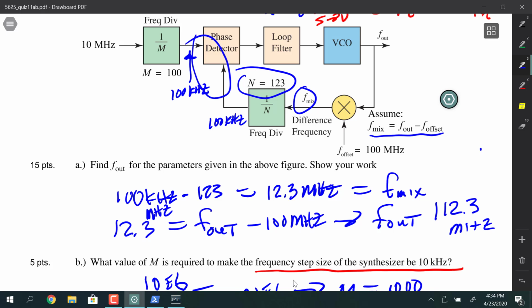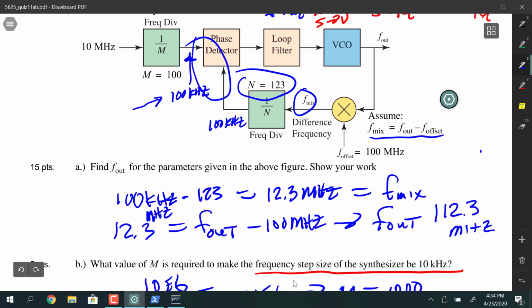And another clue that you would have in working in that sense is this is the minimum step size, right? So you know that the output of the synthesizer is going to go in steps of 100 kilohertz. So we can produce values that are in that neighborhood. Now this eventually is going to be a limiting condition, but in a range of frequencies, and I will have it designed to work.